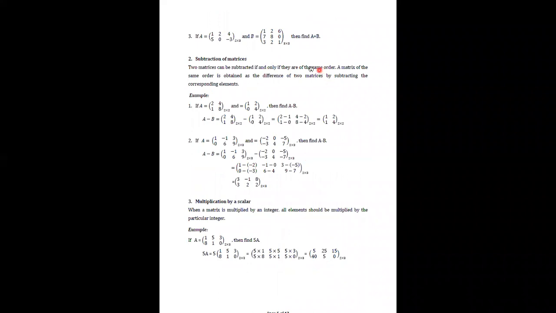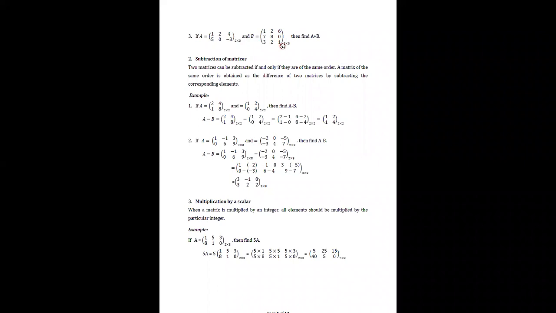Then consider this example. Matrix A is given as a 2 by 3 matrix and matrix B is given as a 3 by 3 matrix. If you are asked to add these two matrices, first you have to check the initial condition, whether they are in the same order.